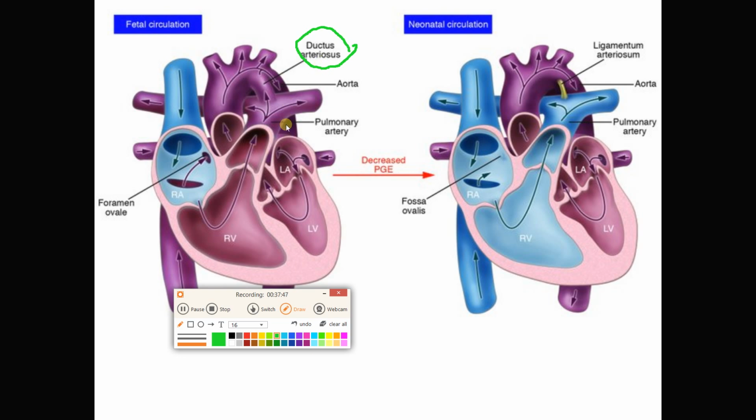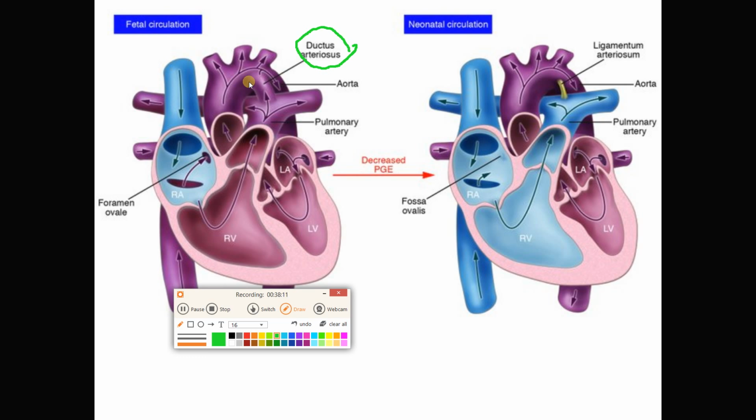And it provides a second way to skip the lungs because the fetus is not doing gas exchange there. So whatever blood didn't go through the foramen ovale, whatever blood goes down into the right ventricle, most of it is going to be pushed up into that ductus arteriosus, into that aorta, into the aortic arch.